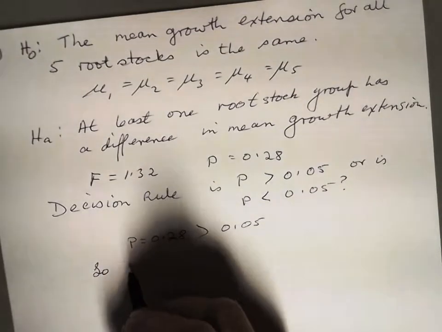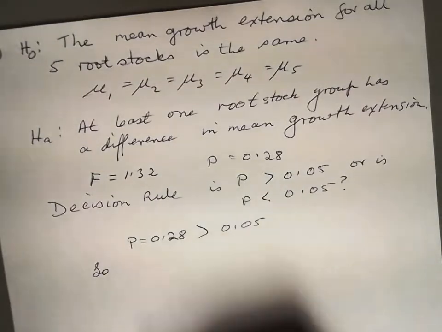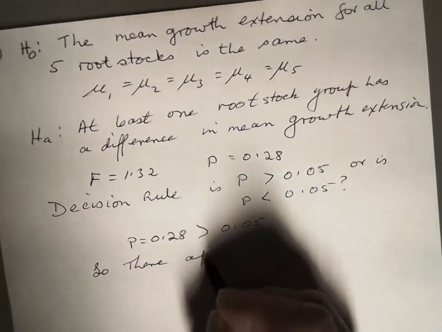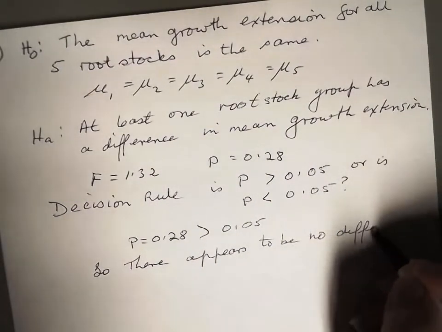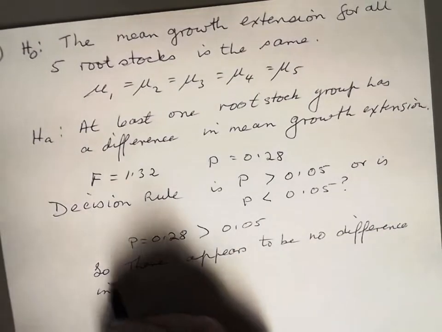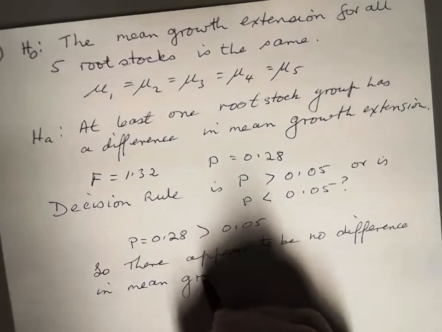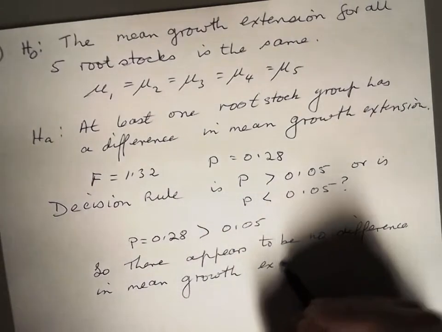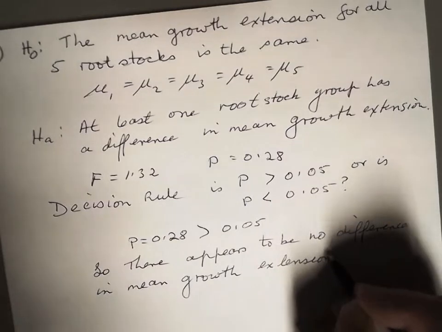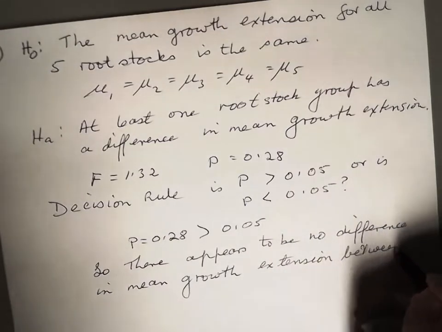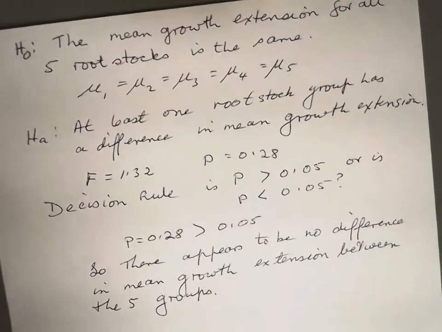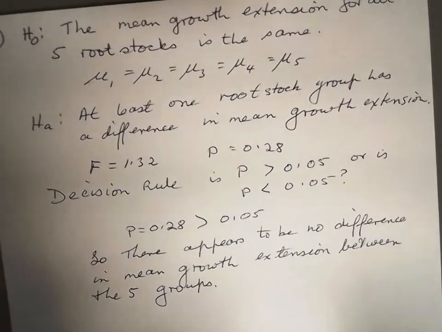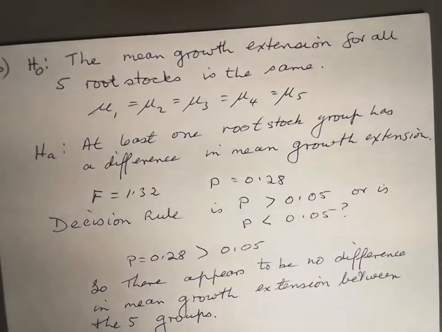So what we can say is that there appears to be no difference in mean growth extension between the 5 groups, because the information we've got is supporting the null hypothesis, and the null hypothesis was that the mean growth extension was the same.